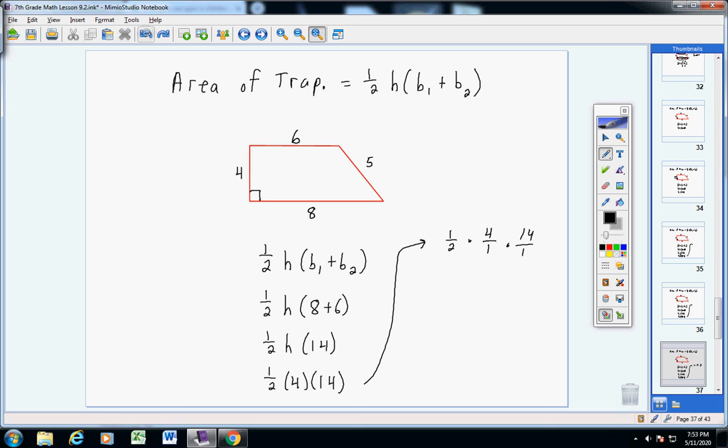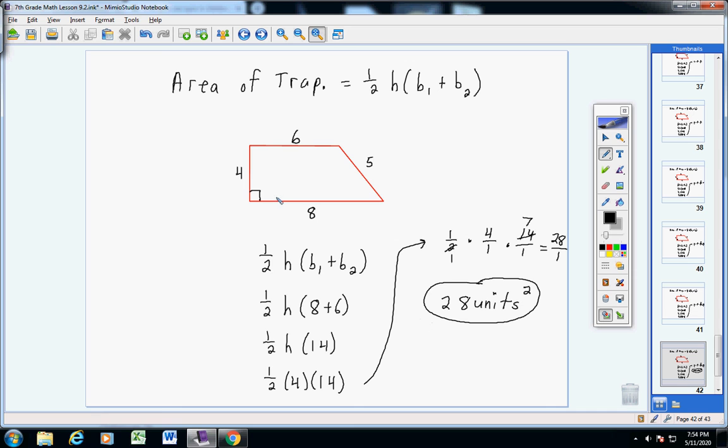So I'm going to cancel the 2 and the 14. So 2 goes into 2 once, 2 goes into 14 7 times, and now I'm going to multiply. 1 times 4 times 7 is 28, and 1 times 1 times 1 is 1. So 28 over 1 is 28 square units, and that's it, guys.